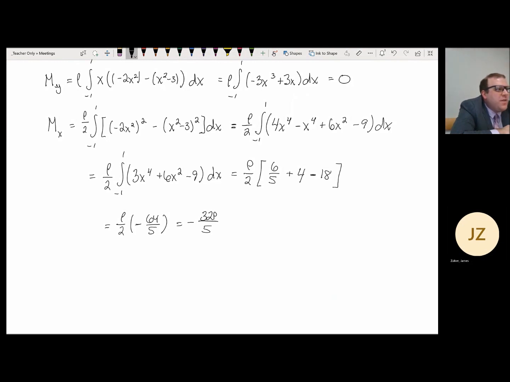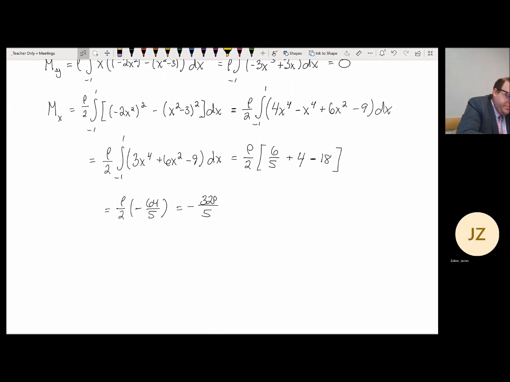The x moment is negative 32 rho over 5. Then eight fifths.